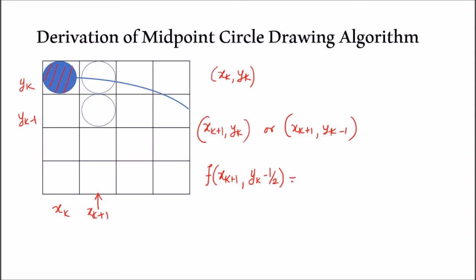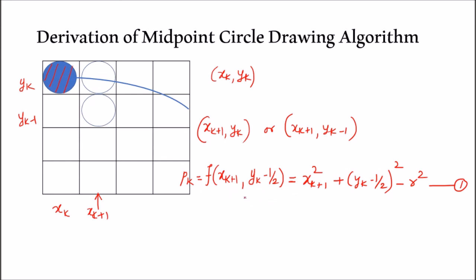We'll expand this: x of k plus 1 bracket square plus y of k minus 1 by 2 bracket square minus r square. We'll write this as p of k, so p of k is equal to f of x of k plus 1, y of k minus 1 by 2.